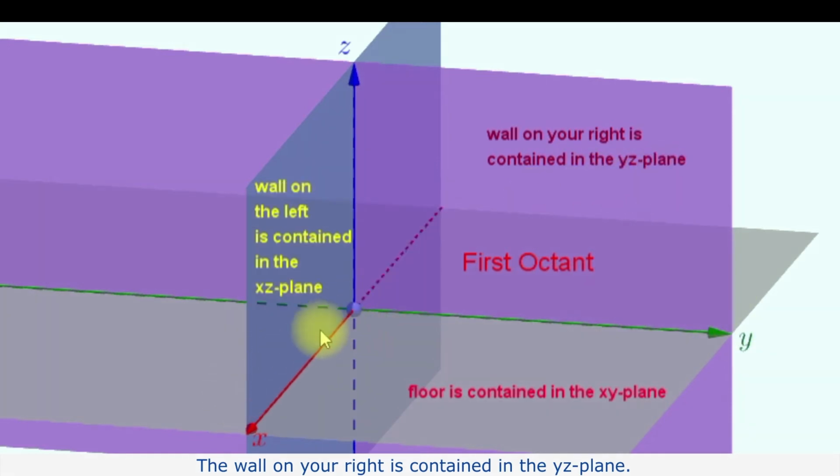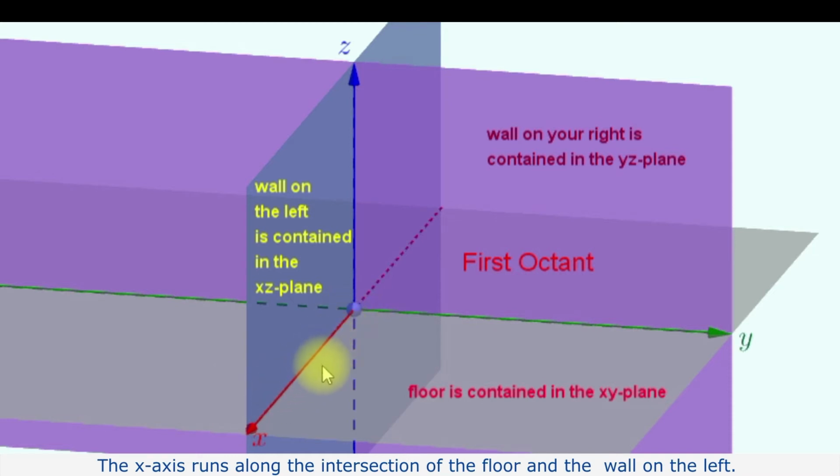The x-axis runs along the intersection of the floor and the wall on the left. The y-axis runs along the intersection of the floor and the wall on your right.